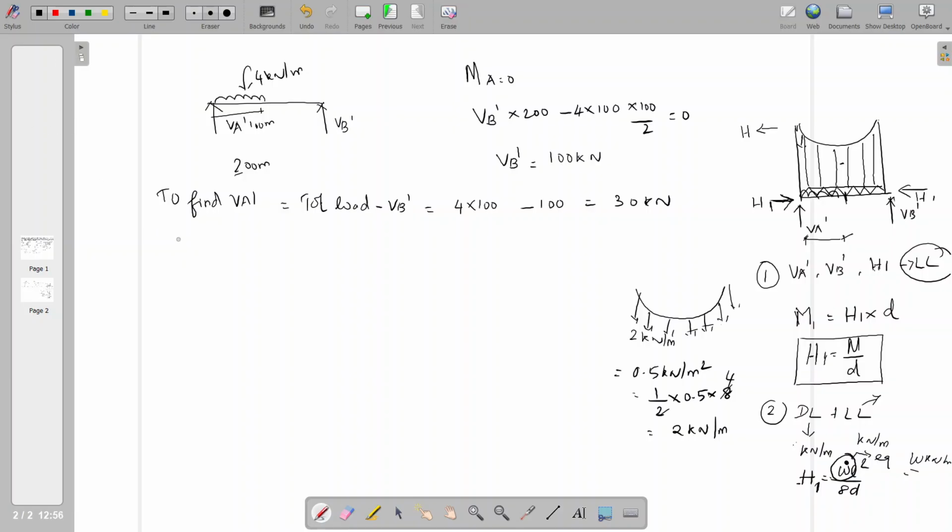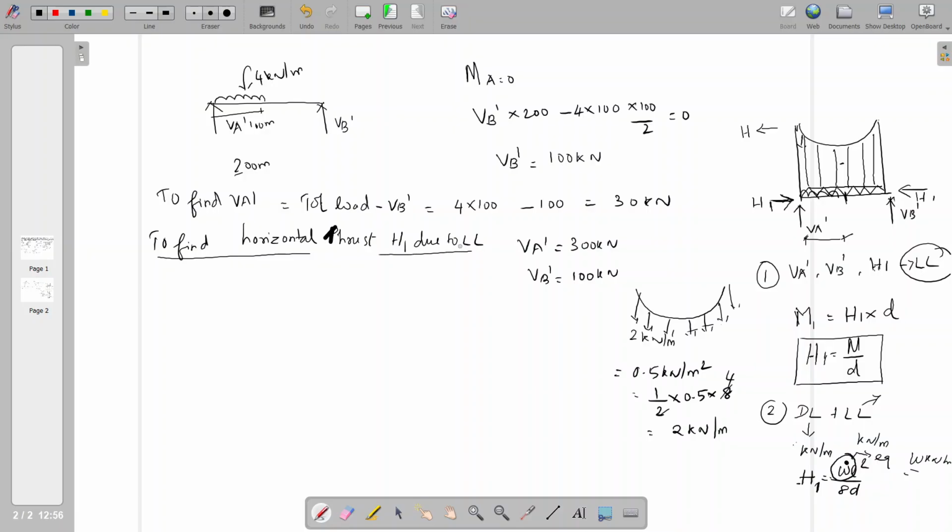Okay, next we pass on to the horizontal thrust calculation, because we found VA dash equal to 300 kilonewton and VB dash equal to 100 kilonewton. To find horizontal thrust H1 due to live load.